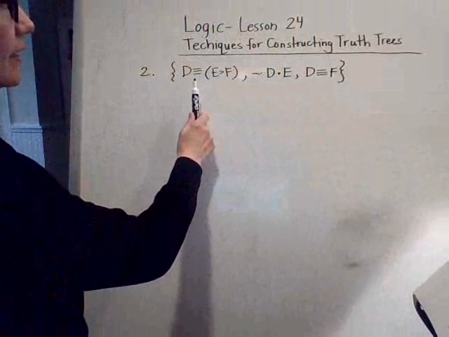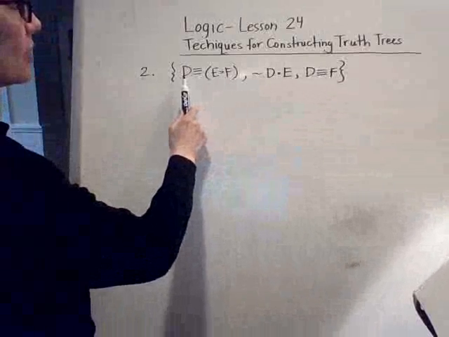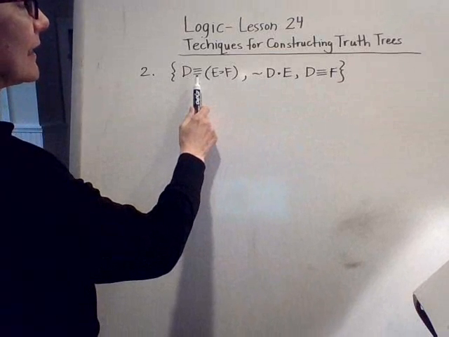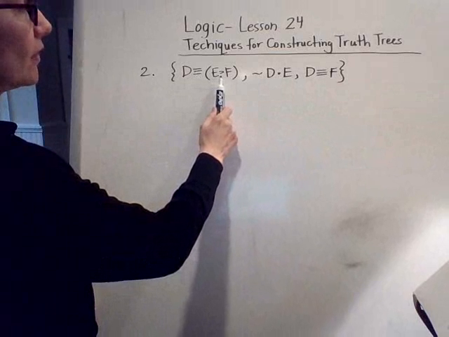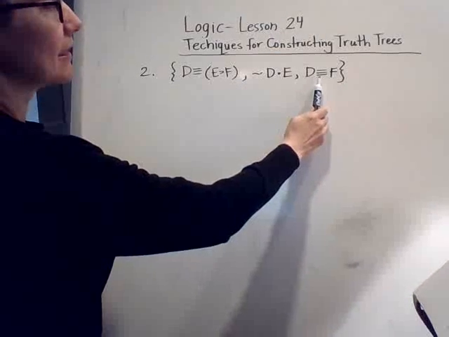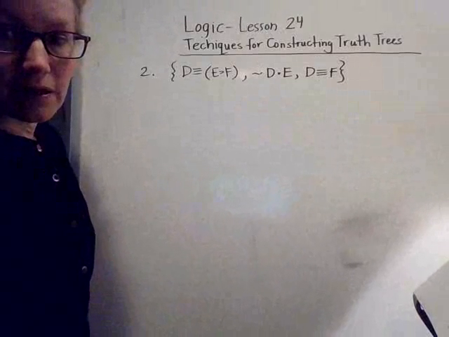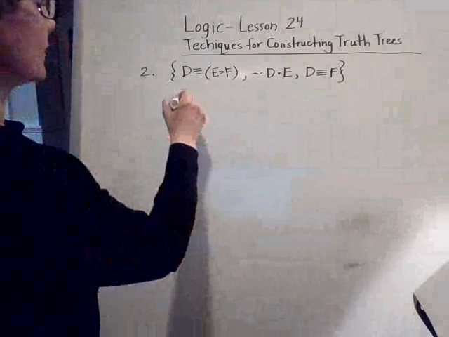Well, we see 3 propositions: D if and only if E then F, not D and E, and D if and only if F. So the first thing we need to do is write down our set members. That's an easy part.